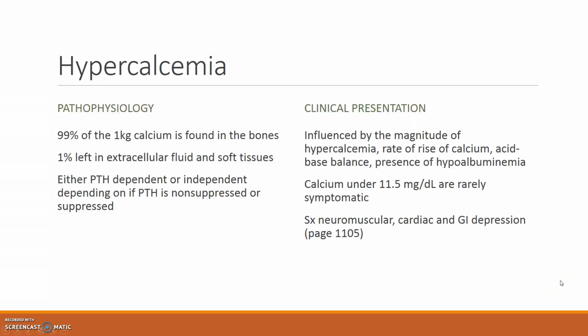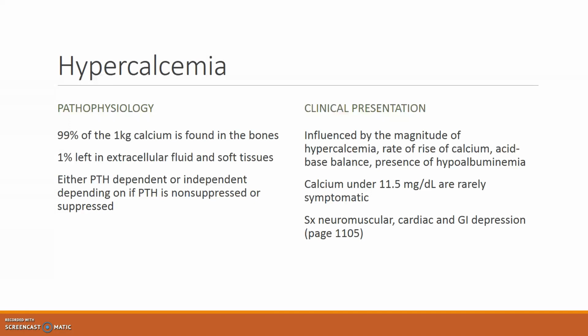So clinically, how do these patients present? Because our real focus is looking at primary care ambulatory patients. And it's really influenced by the magnitude, and right now we're looking primarily at hypercalcemia, the rate of rise of calcium, the acid-base balance within the body, and also the presence of hypoalbuminemia.